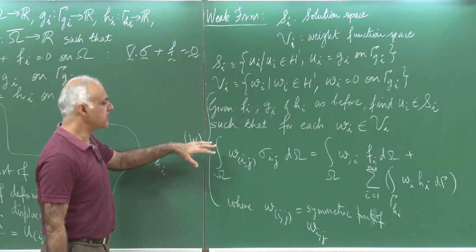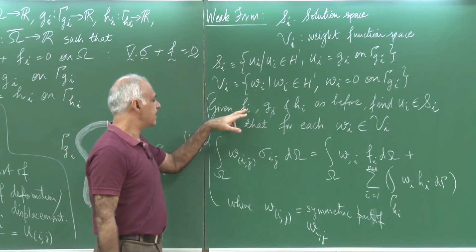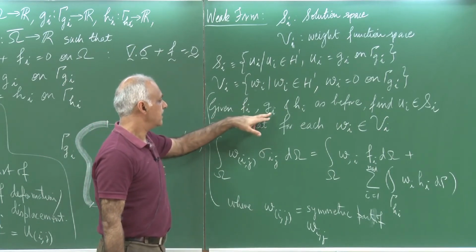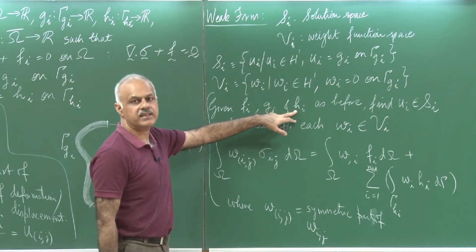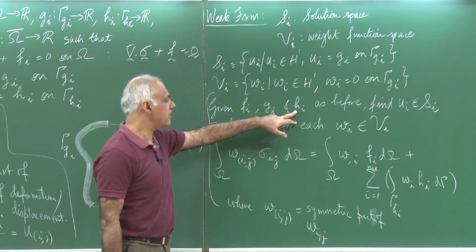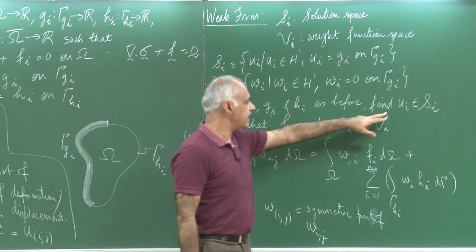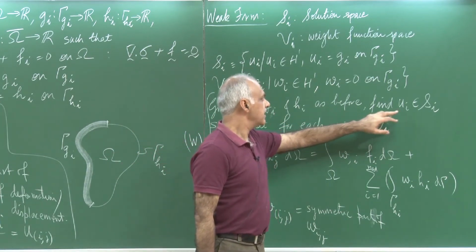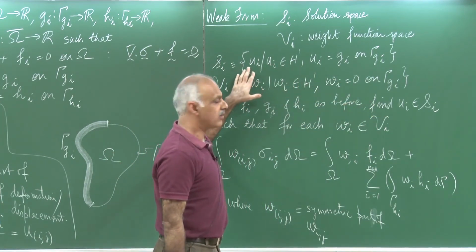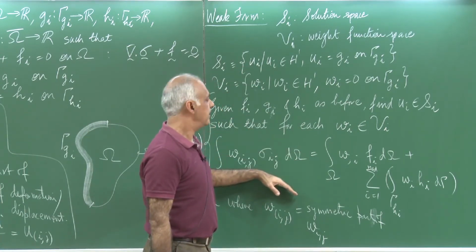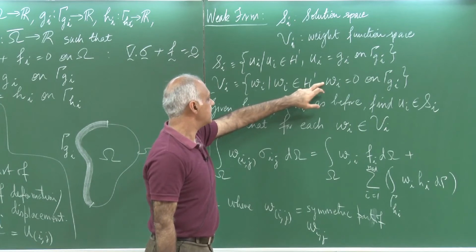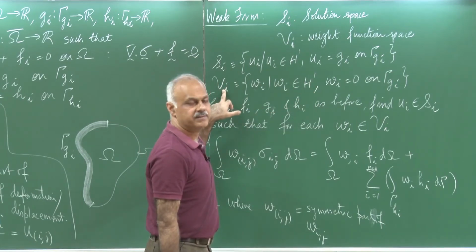The proposal is that given the force vector, the essential boundary condition and the Neumann boundary condition as was given in the strong form, I am supposed to find a u that belongs to the space that has already been described, so that this equation given over here must be satisfied for each w that comes from the space V_i.